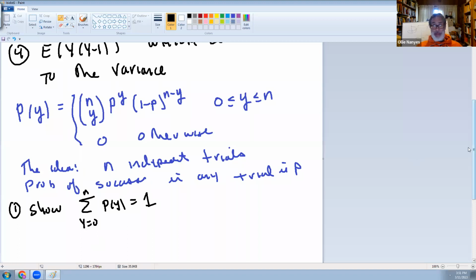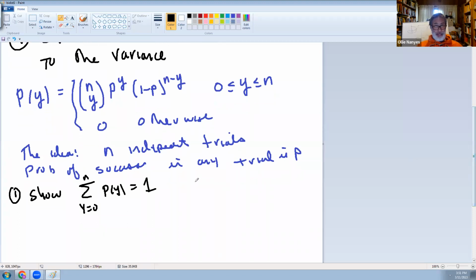This isn't that bad at all, and here's the proof. You take p plus 1 minus p, sometimes denoted as q, and raise it to the nth power. Of course, this is 1 to the n, which is 1.